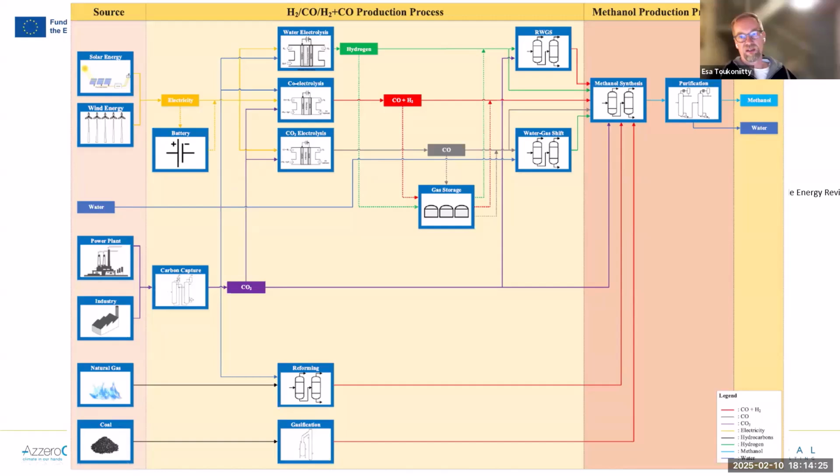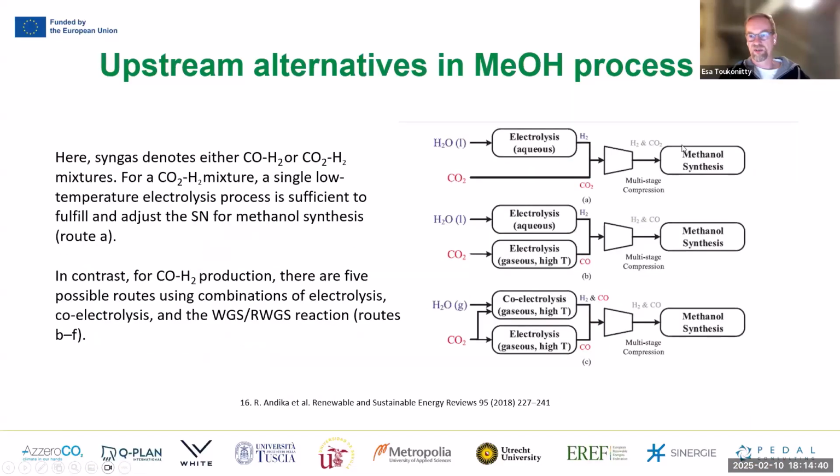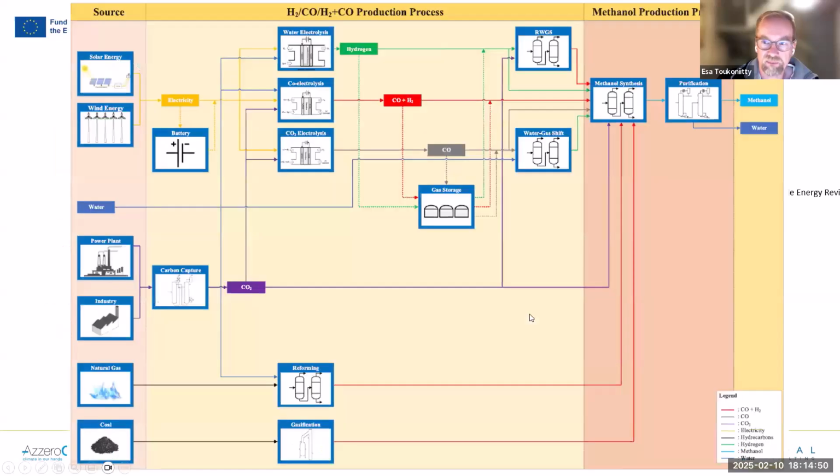So slightly different chemistry takes place. But all the arrows are ending to the methanol synthesis, which basically produces the very same methanol. So the information is the same as in here. So methanol is always the product, but the upstream units and unit operations vary a bit.